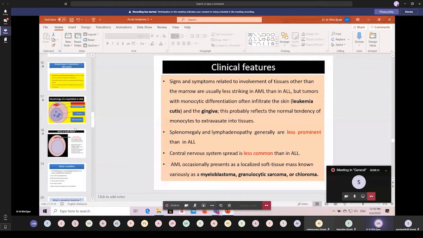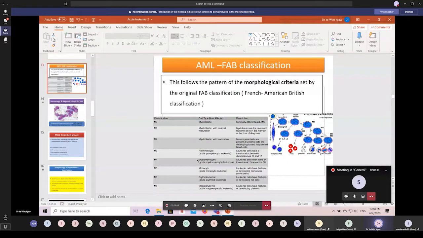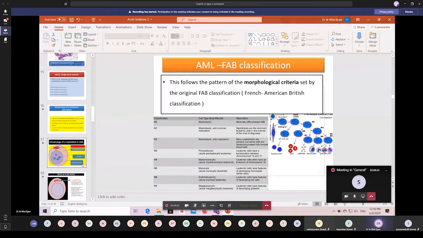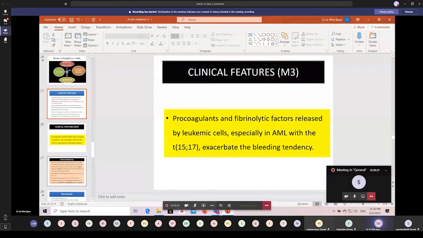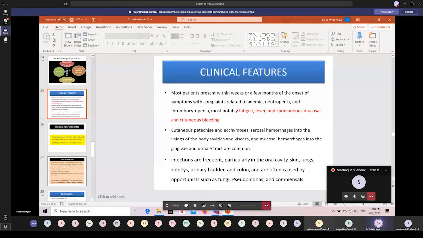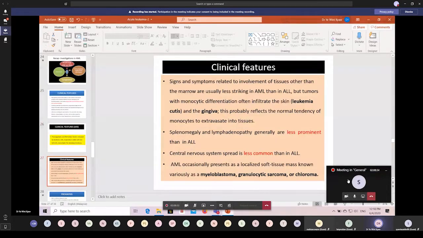If you forgot, M4 and M5 are sometimes common at the same time. You can remember that M4 and M5 are commonly seen with skin infiltration, especially gingiva, presenting with gum hypertrophy. The gum can become hypertrophic, especially in AML M4 and M5.